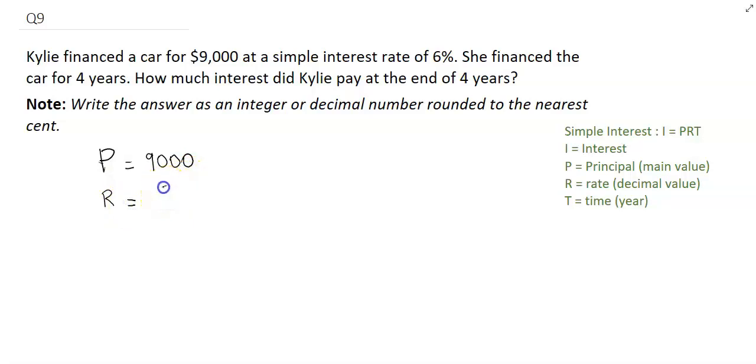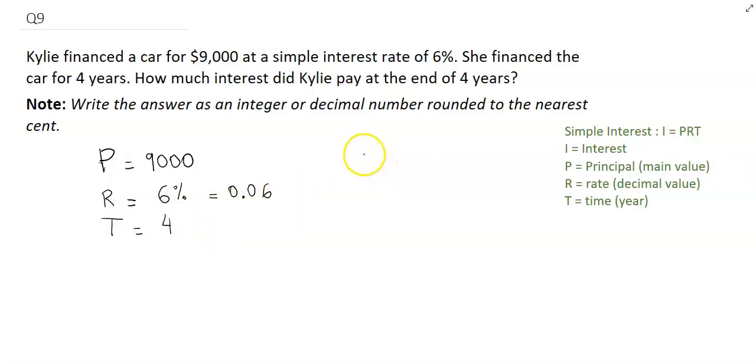The 6%, remember, this is the English way for us to talk about a decimal value. That is the decimal 0.06. We never use 6. We use the corresponding mathematical interpretation of 6%. The time, how long is he gonna borrow this money? For 4 years.